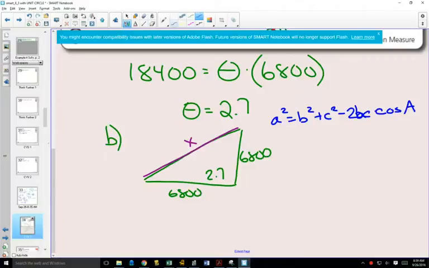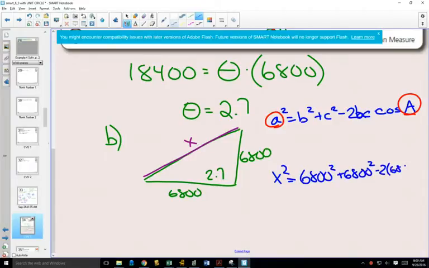As far as that formula, if you see that formula on a formula sheet, whatever angle you know goes with the opposite side on the other side. So we want to find x, and we know the angle opposite it. So when we write this out, we'll have x squared equals 6800 squared plus 6800 squared minus 2 times 6800 times 6800 times cos of 2.7.